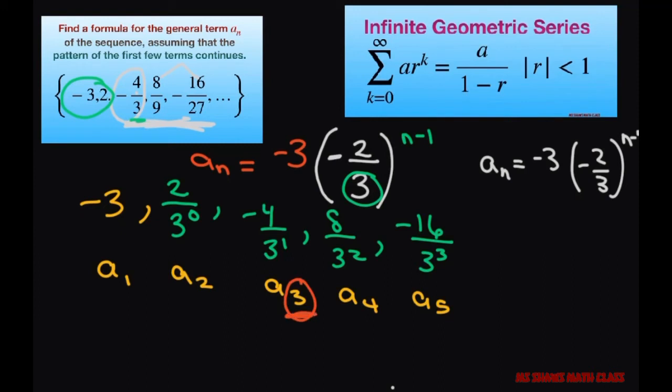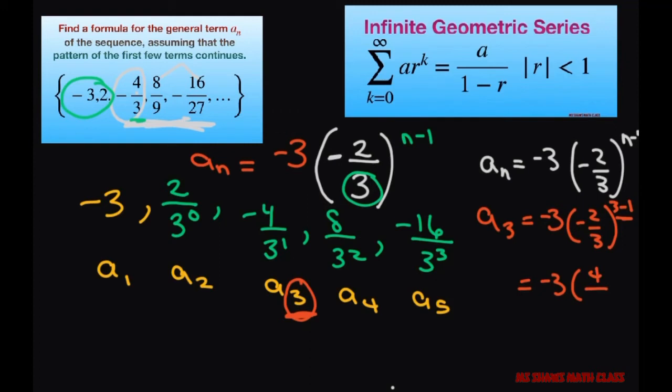So let's plug in 3 for n. So I have a of 3 equals negative 3 times negative 2/3 to the 3 minus 1 power. This gives me negative 3 and negative 2. This is going to be squared. It's going to be 4.